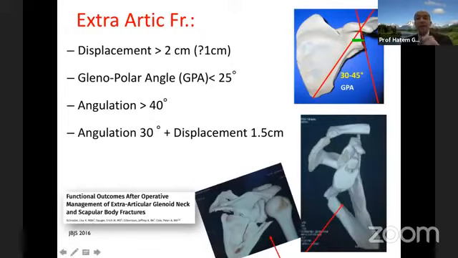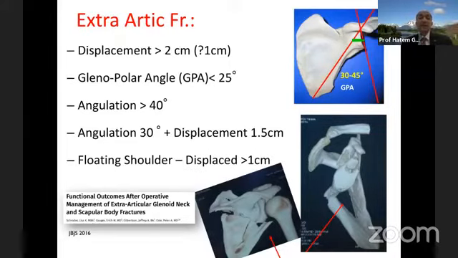If you have an angulation in the axial view more than 40 degrees, or if you have an angulation 30 degrees plus a displacement of about 1.5 centimeters, as stated by Peter Cole and co-authors, then that's an indication of surgery. And lastly, if you have a displaced floating shoulder, we've always known floating shoulders to be a fracture of the scapula plus the clavicle. But if we have a displacement of more than a centimeter, that's also an indication of operative treatment.